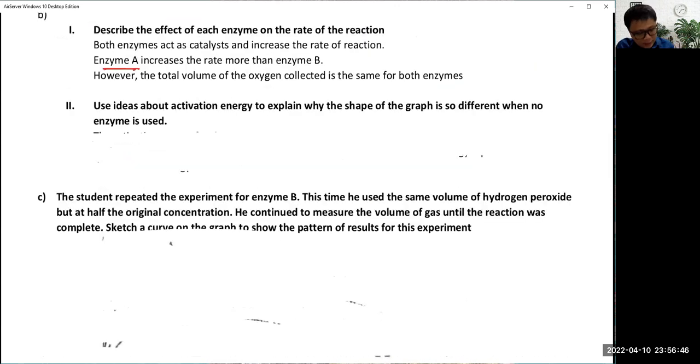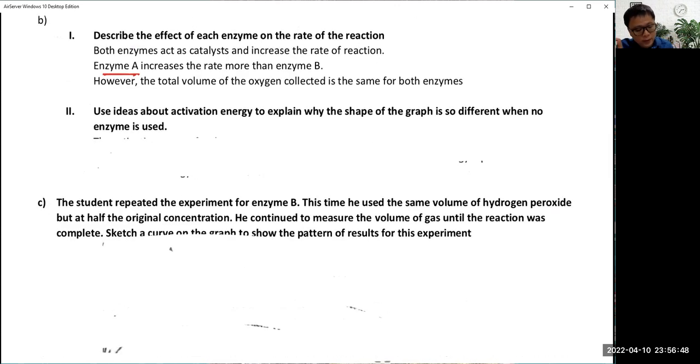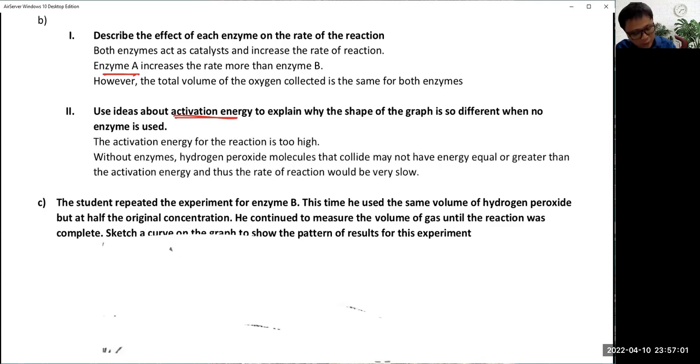So you can think about this idea, but they will give you a clue. It's a KBAT question, but they give you a clue: activation energy. When no enzyme, very slow. When there is enzyme, very fast. What do you think? It means the activation energy must be very high. That's why without catalyst it's very hard to react, but with catalyst it will be very fast.